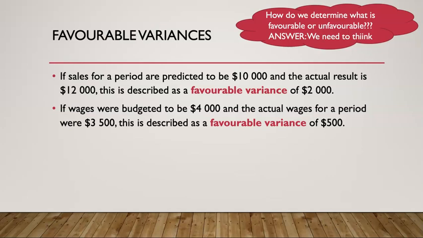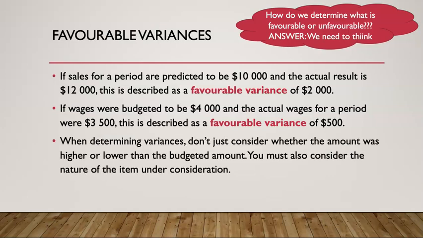But expenses, we want them to be controlled and lower than normal. So getting an actual wage expense lower than budget is a favourable variance, because both of these will impact our profit positively. So in summary, when determining variances, don't just consider whether the amount was higher or lower than the budgeted amount. You must also consider the nature of it.